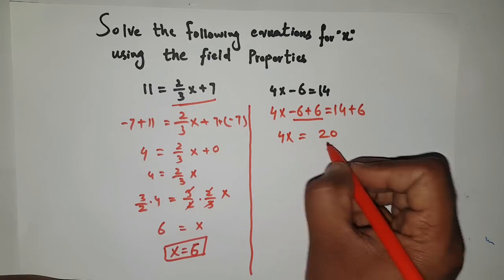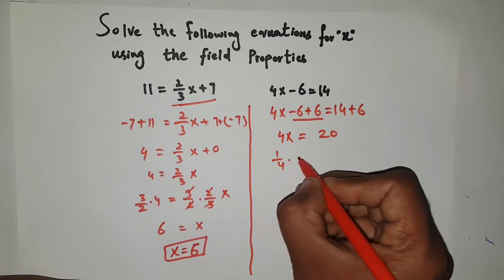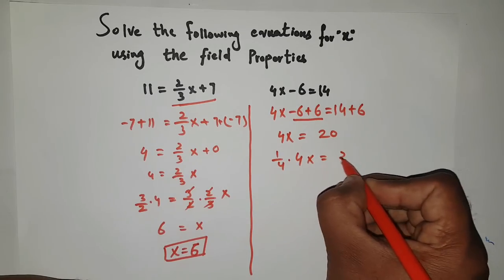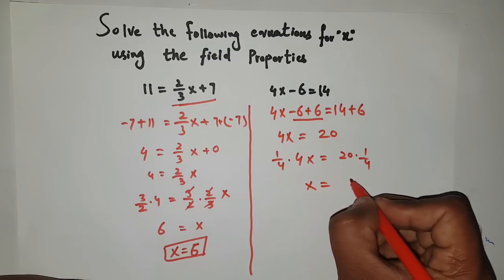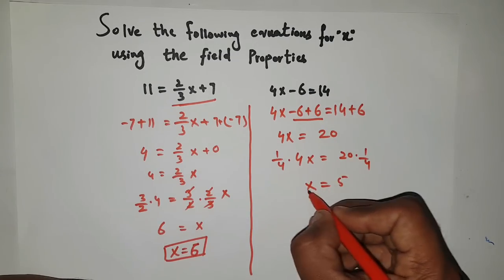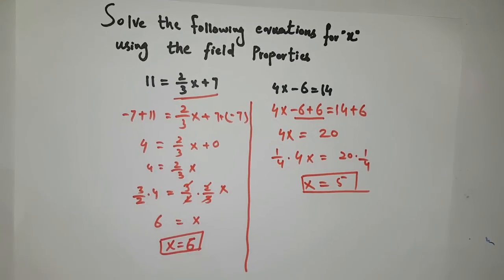Then we will multiply both sides by the reciprocal of 4, which is 1 by 4. So x is equal to 20 multiplied by 1 by 4, which is 5. You can see how easily we have solved our equations by using the properties of equalities. So this was all about the properties of equalities.